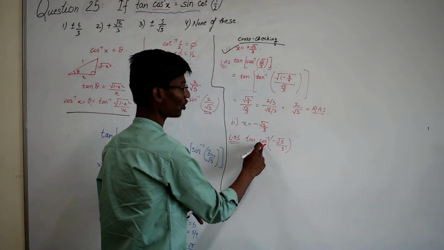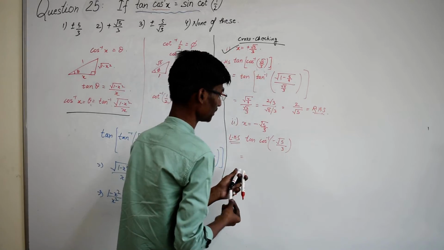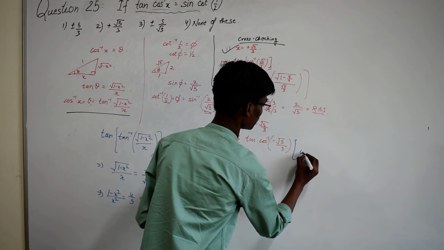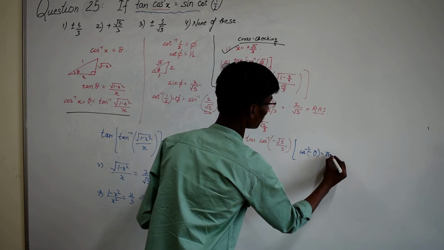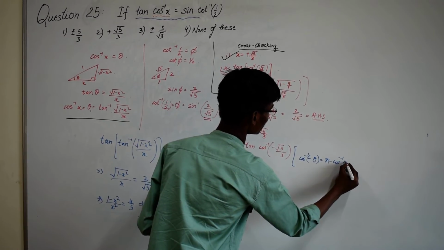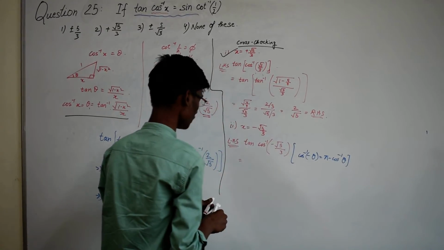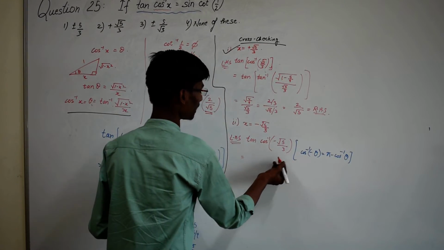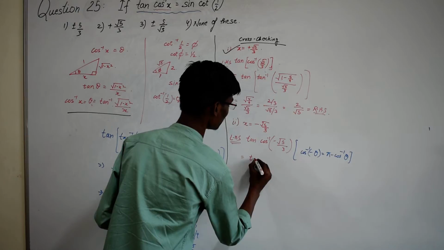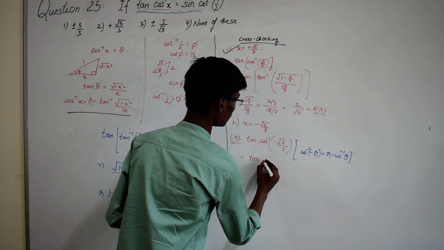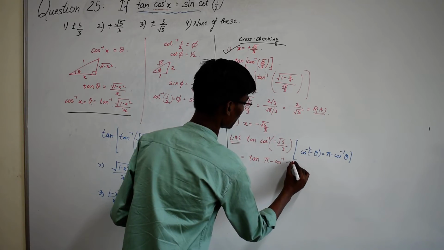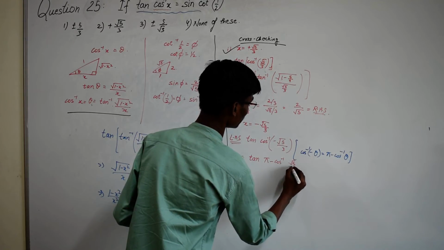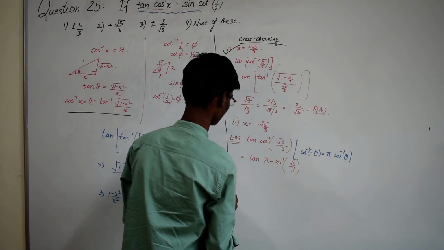We know that cos inverse of minus theta is equal to pi minus cos inverse theta. Using this identity, we get tan of pi minus cos inverse root 5 upon 3.